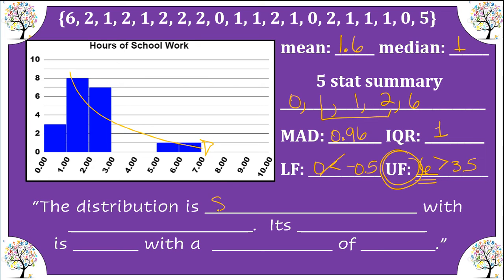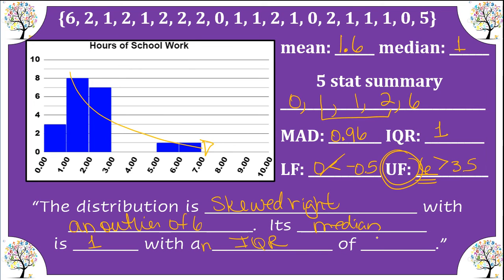So the distribution is skewed right with an outlier of 6. Therefore, we're going to use the median of 1 with an IQR of 1.